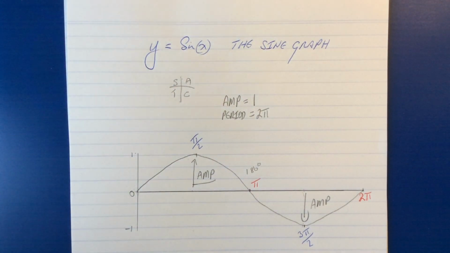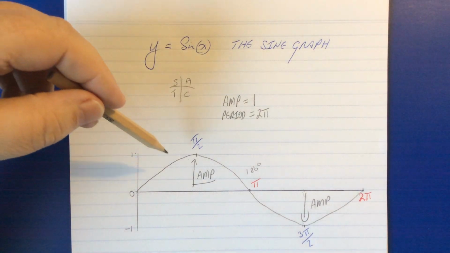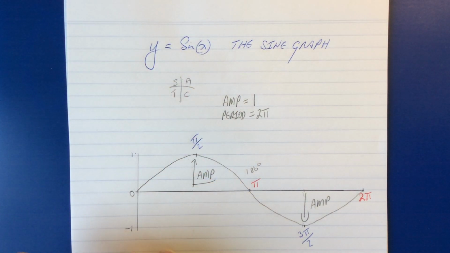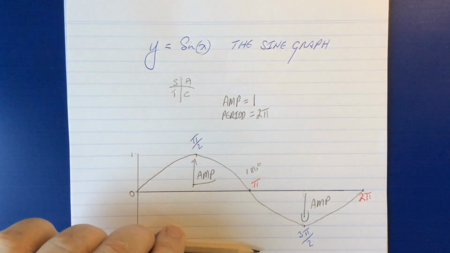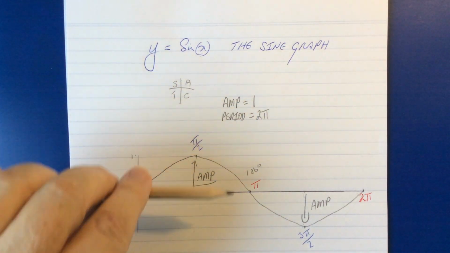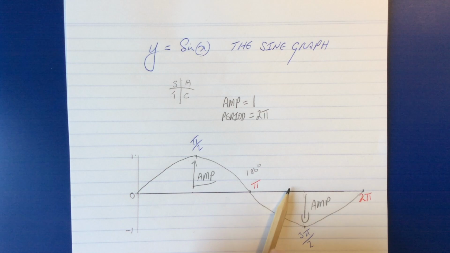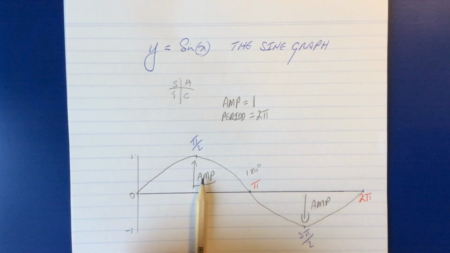I'm going to do something similar for cosine graphs and tangent graphs, so you can look out for that. The other thing to say is that separately I will demonstrate how one changes the amplitude, changes the period, moves this graph up or down on the y-axis, or moves it left to right on the x-axis.